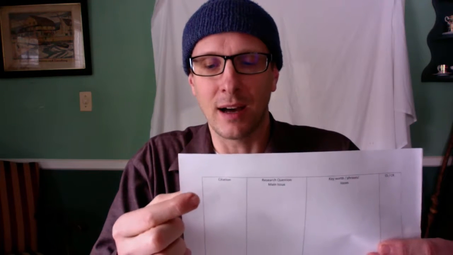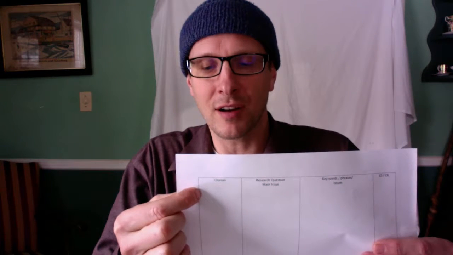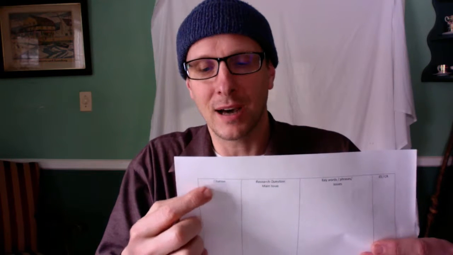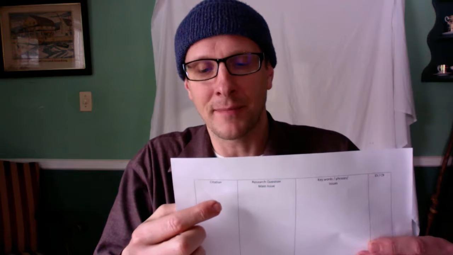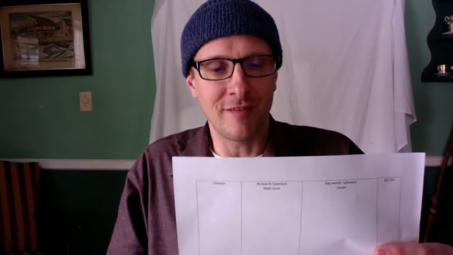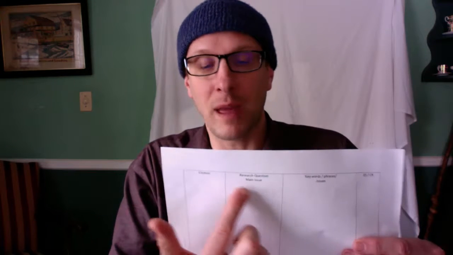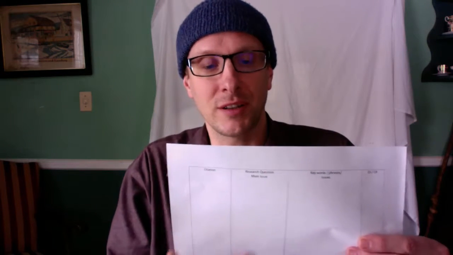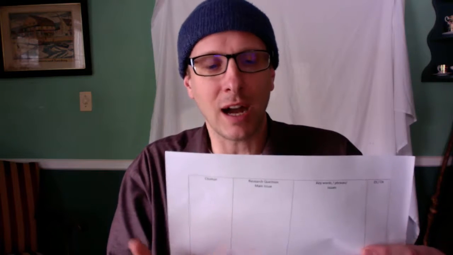I get the last name of the author, first name, I get the year down, and I get the title down. Then the other thing I note down very quickly, and you can find this out from the abstract, is what research question that article is going to address, because at some point you're going to need to jog your memory about what the article was about, and having it down in a few words is a great way of doing that.